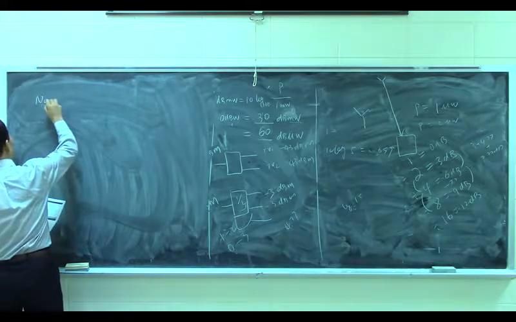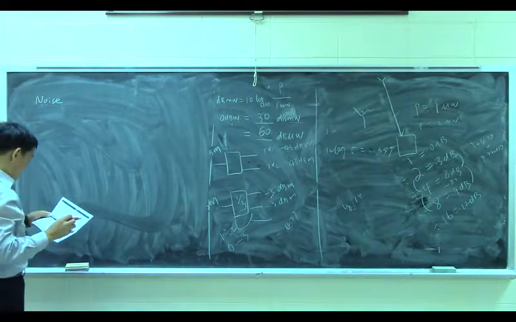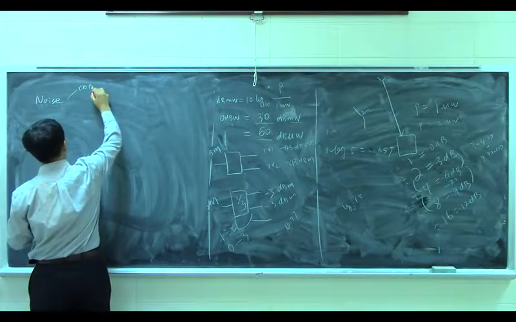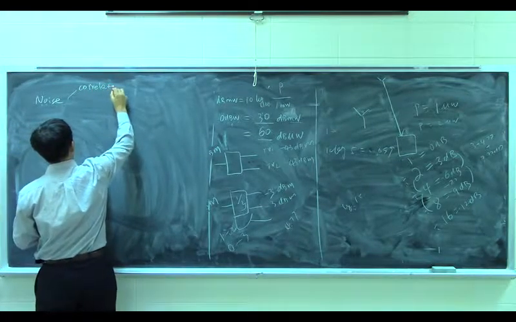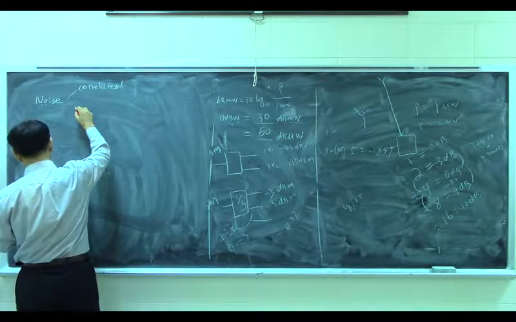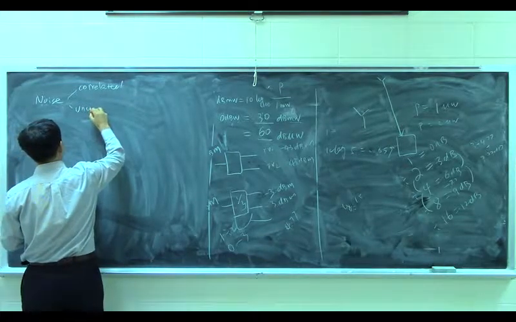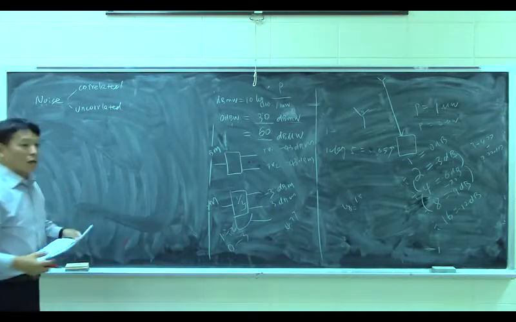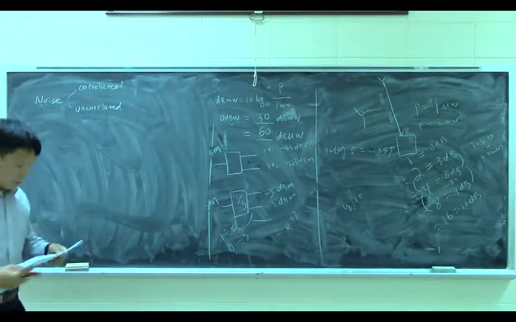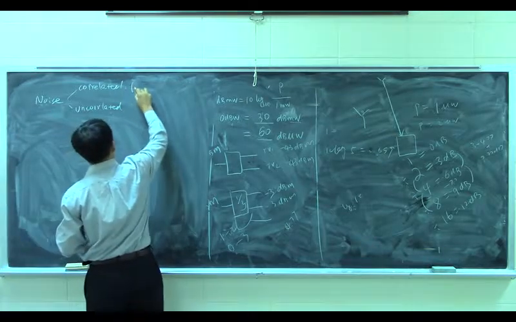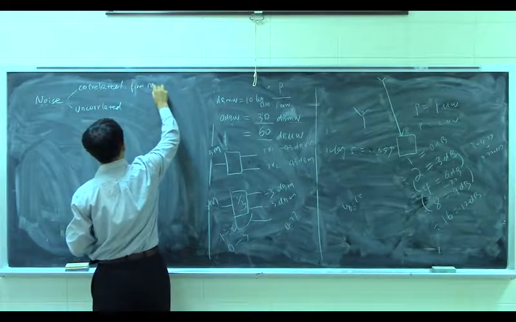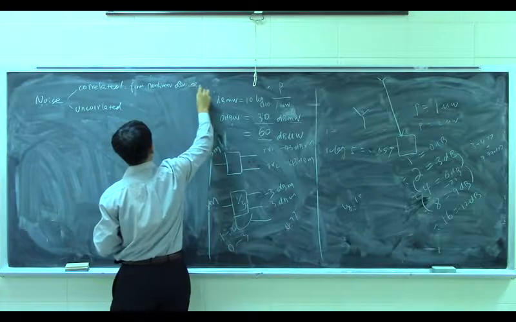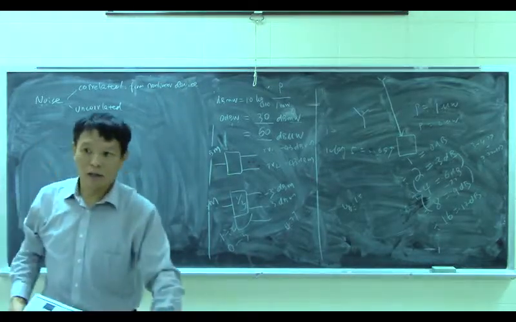Next topic is noise. We have correlated noise and uncorrelated noise. Correlated noise means it's from a nonlinear device. For example, we have a circuit here.